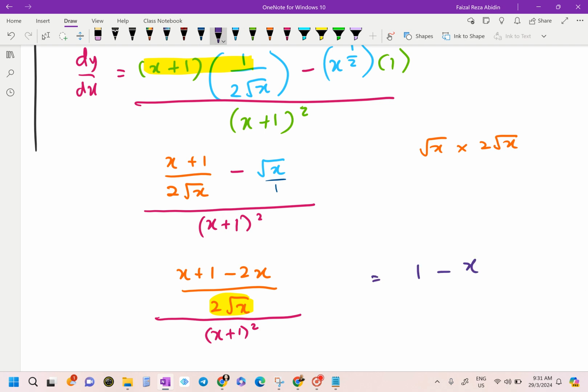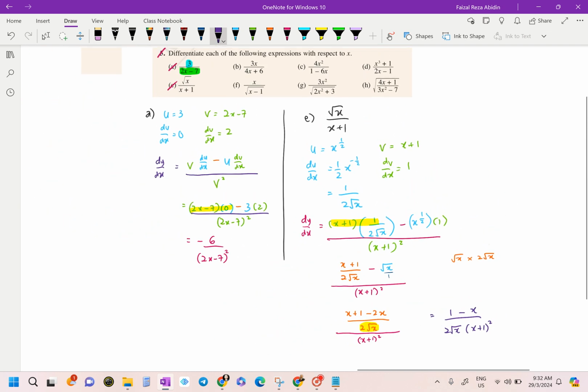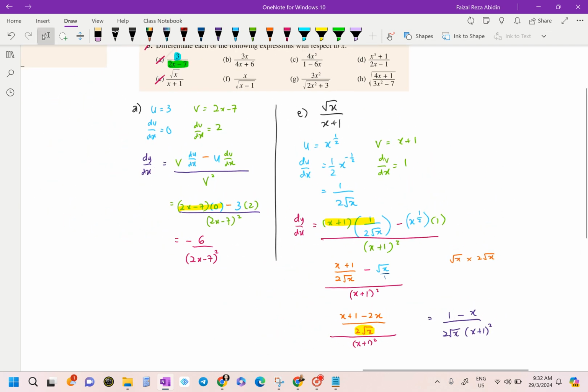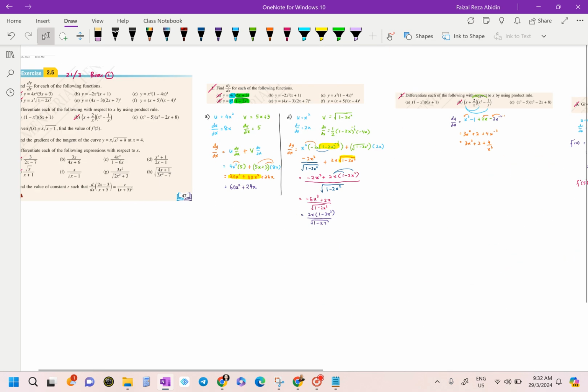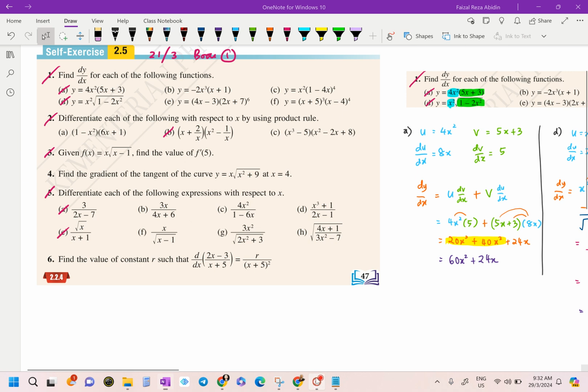Over, I bring 2 square root of x down to the denominator. So I'm going to get 2 square root of x times x plus 1 squared. So this is going to be our answer for number 5e. Okay, so finished. Number 6 no need to do. Okay, that's it. Thank you.